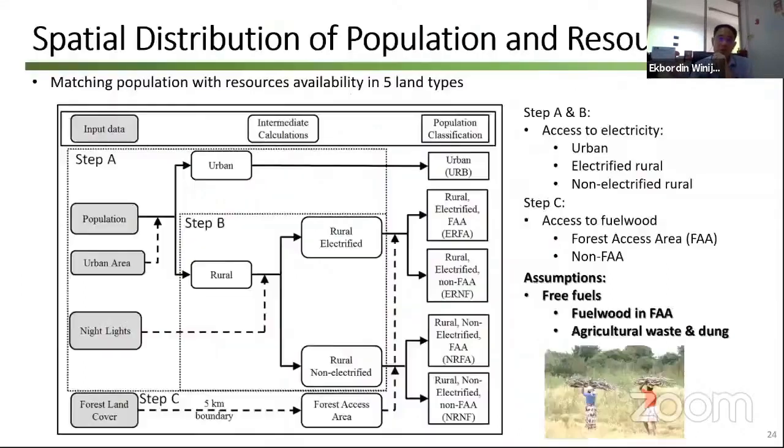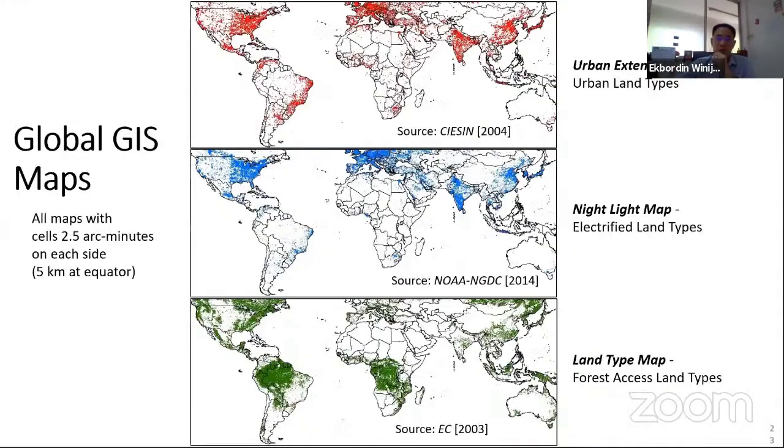For example, I don't know where people use solid fuels, like biomass for cooking, or coal for cooking. I would like to find a way to allocate this fuel from the national level into very small scale, very local data.